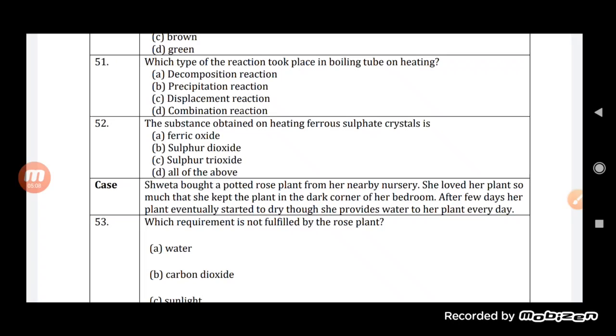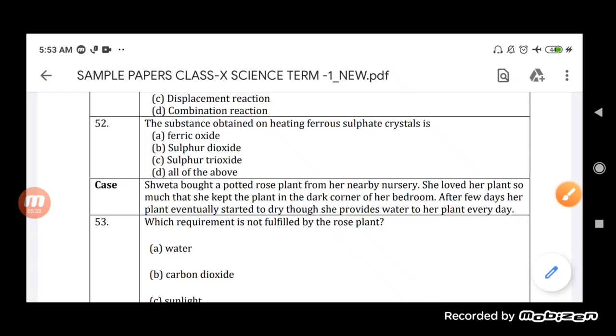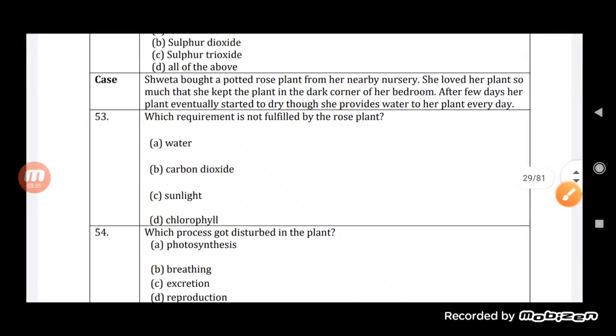So all of the above is the correct option, since all of them will be found when we heat the ferrous sulfate crystal. So the answer is all of the above. So this is the first case.